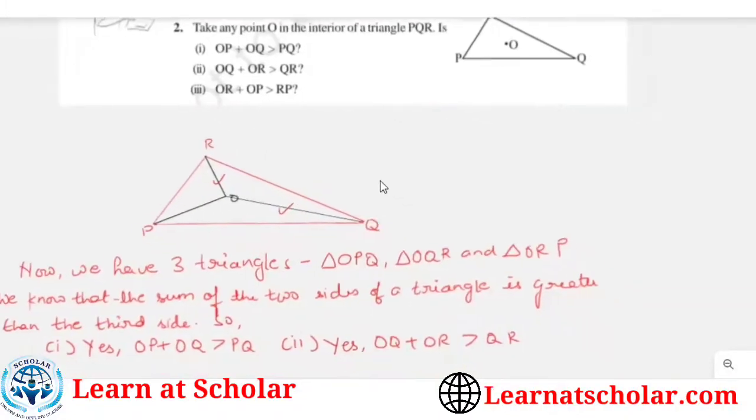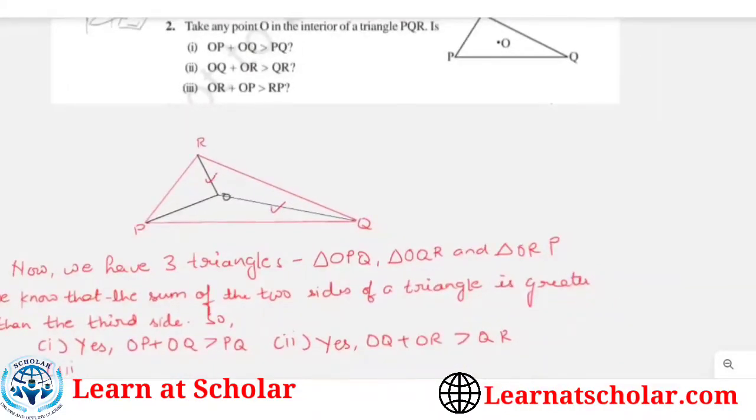The third one is OR plus OP is greater than RP or PR. So, all the three conditions are satisfied. That is why the triangles are possible. These sides are of these three triangles: triangle OPQ, triangle OQR and triangle ORP. You can check them out.